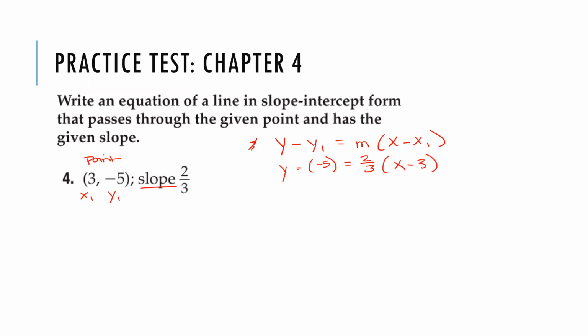So here, if I'm going to add the opposite, this ends up being y plus 5 is equal to 2/3 x. I'm going to distribute to both terms in the parentheses. So this would be minus 2, and then I'm going to subtract 5 from both sides.